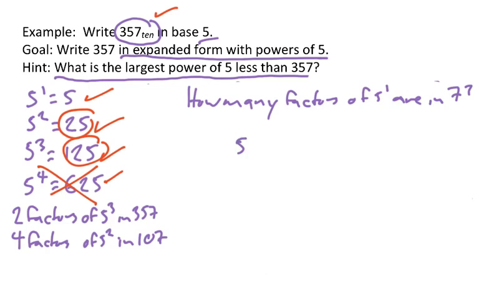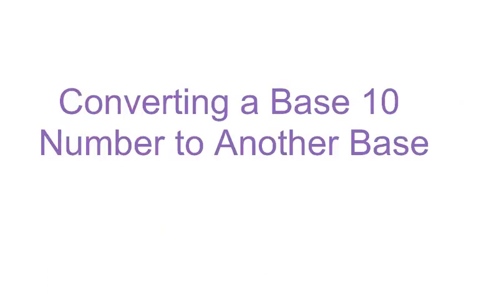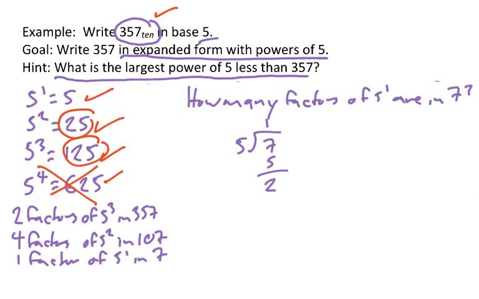I simply divide 5 into 7. It only goes one time, as you can tell. And the remainder of 2 would mean that there is one factor of 5 to the 1 in that remainder of 7. That's a 5. And then we'd have a remainder of 2.